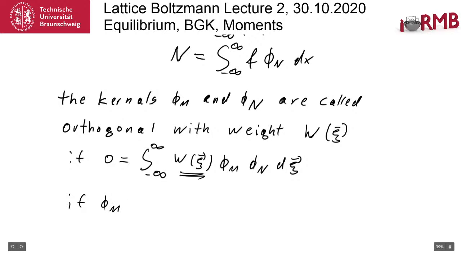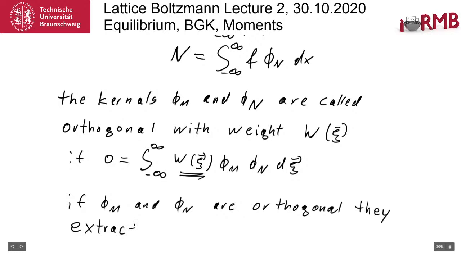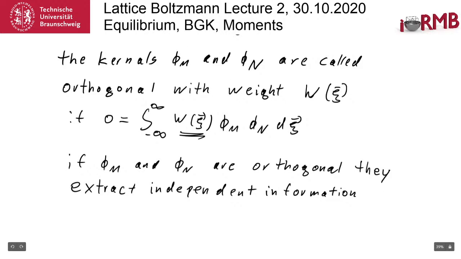So if phi m and phi n are orthogonal, then they extract different information from the distribution. So, independent information from f.